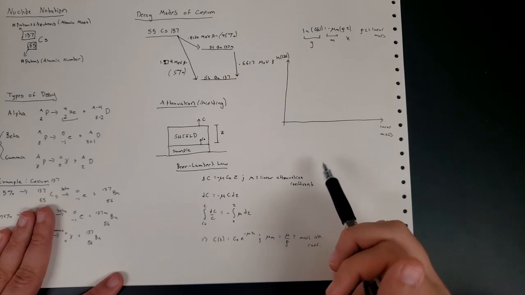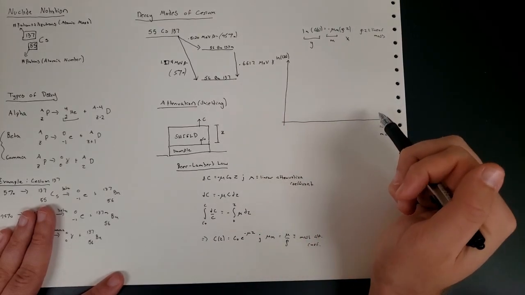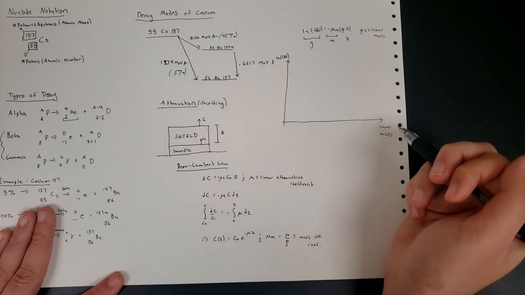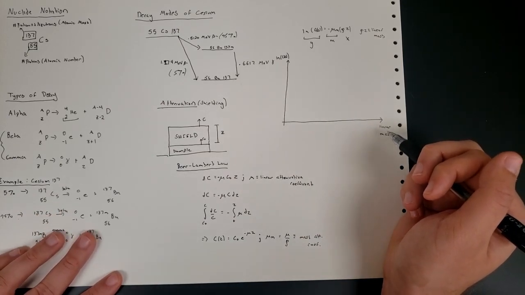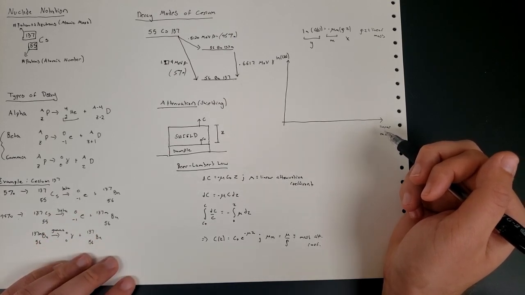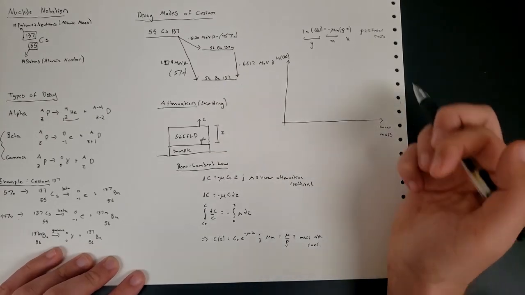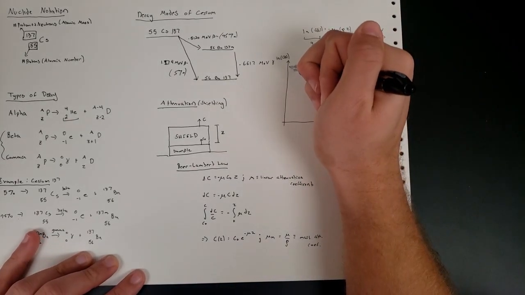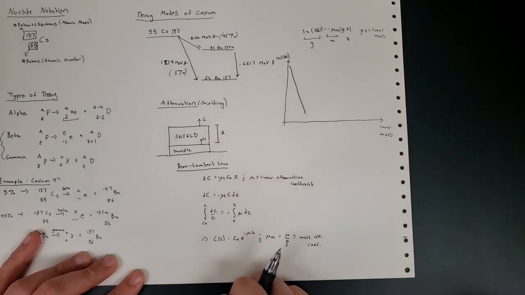Initially, whenever our linear mass is very small, we have a very thin attenuator, beta is going to dominate. We're going to have a lot of beta attenuation, right? Because we have more beta than we do gamma, and beta attenuates more heavily than gamma does. So what we'll see here is initially we'll have something that looks like this, a very steep line.